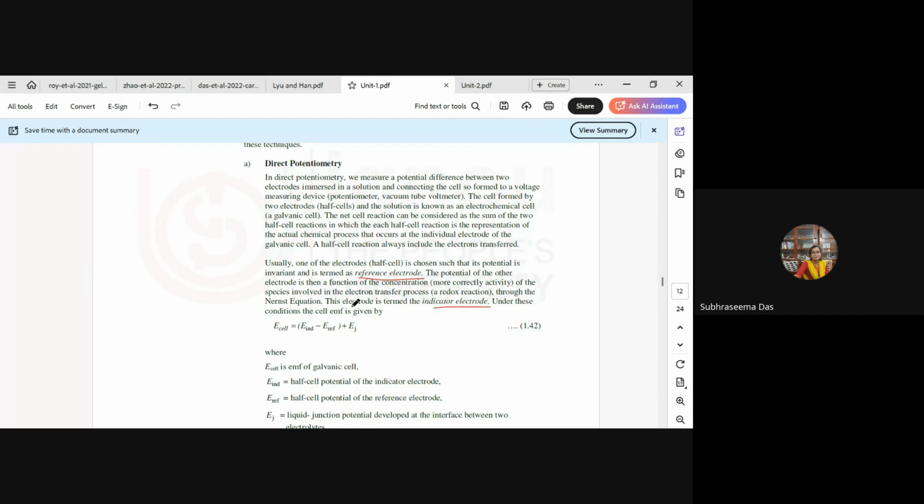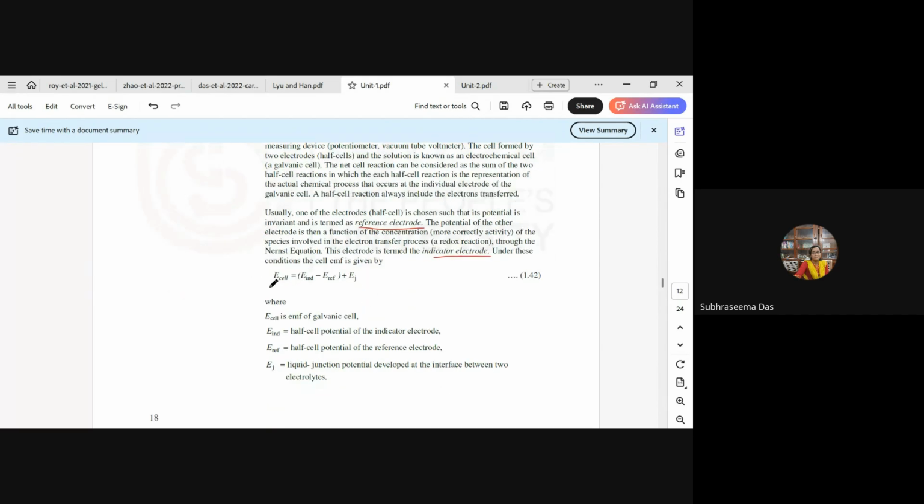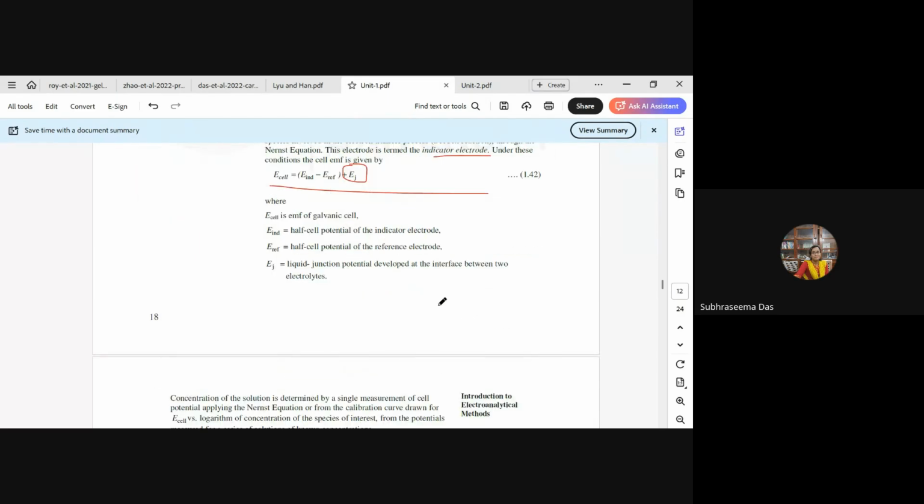Under these conditions, the cell EMF is given as E cell equals E of the indicator electrode minus E of the reference electrode plus E J, the liquid junction potential that is developed at the two electrolyte surfaces.